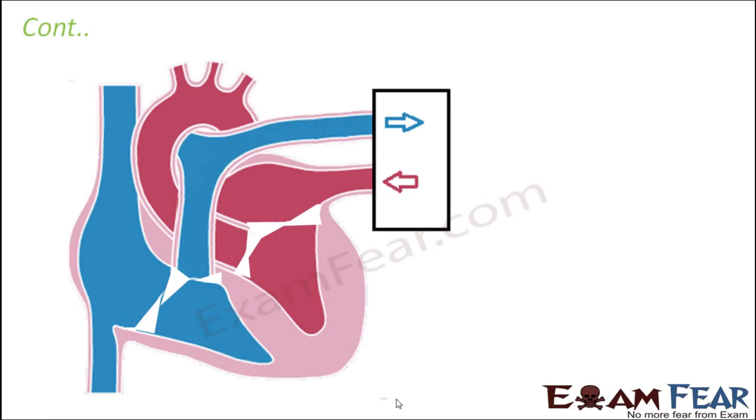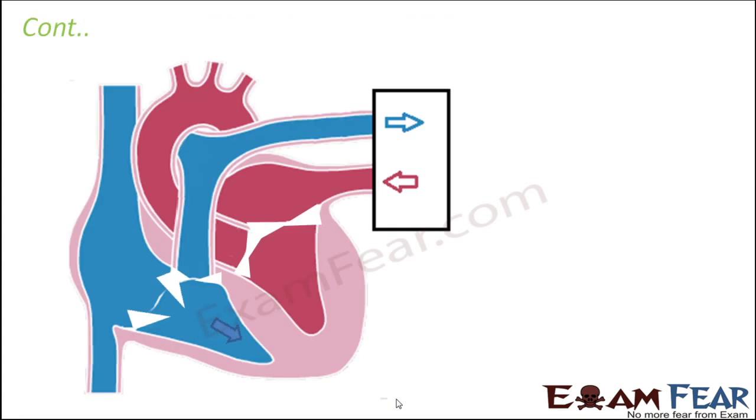Okay, so now let us have a quick recap of what's happening inside the heart as a result of the electrical impulses of the nodal tissues, and the valves, and the contraction and expansion of the auricles and ventricles.